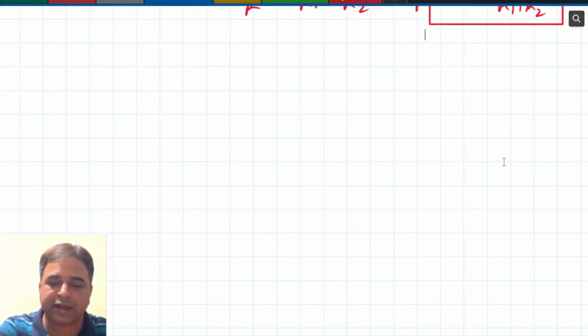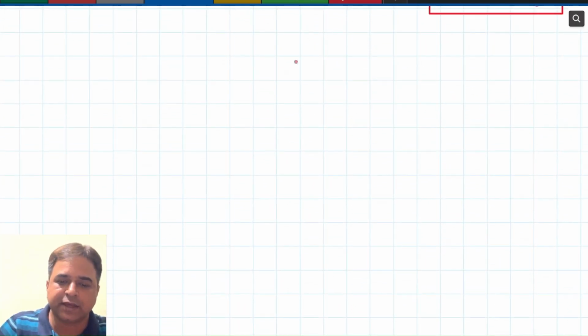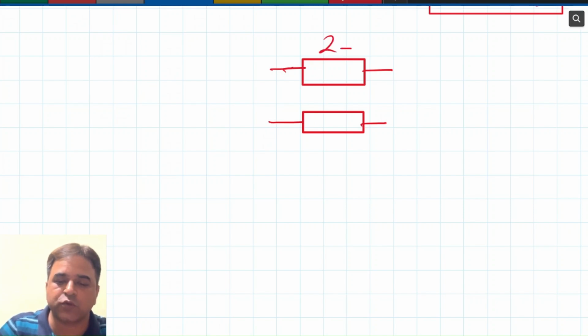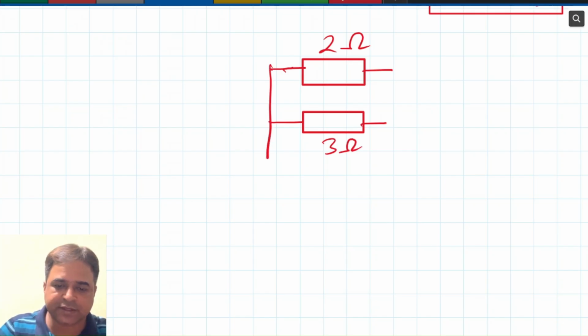Suppose in this parallel circuit, okay, this is the parallel circuit. Here, resistor 1, resistor 2. Suppose this is 2 ohm and this is 3 ohm resistance. It is connected in parallel.